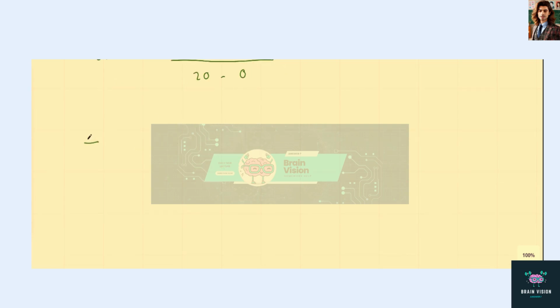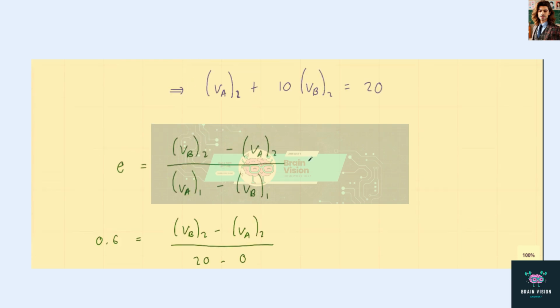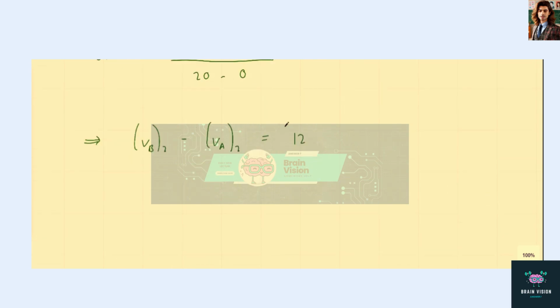So again, if you rearrange this equation, we get that VB2 minus VA2 is equal to 12. So we have two equations with two unknowns, which are the final velocities of the block and the ball.